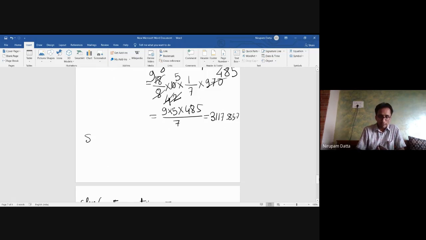Now we'll have to find the standard error of this, which is nothing but root over the variance. So what is this?